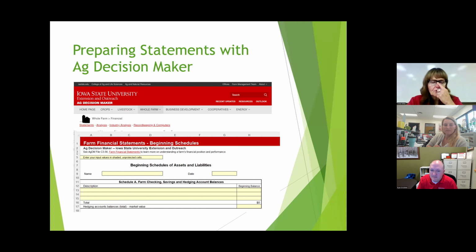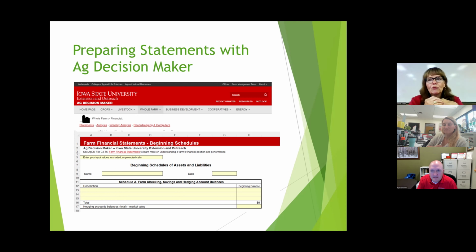Another thing that we look at every year: the extension economists prepare estimated budgets for crop production as well as livestock production. When we're sitting down and trying to encourage somebody to give us information on what they're spending for inputs, we print out a copy of those budgets, because they have some of the average numbers that extension uses, and then they have blanks, so you can put in your own expenses.